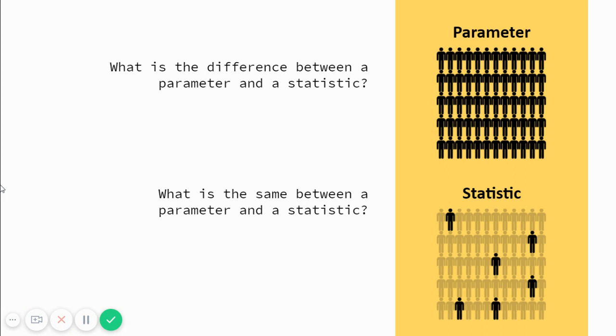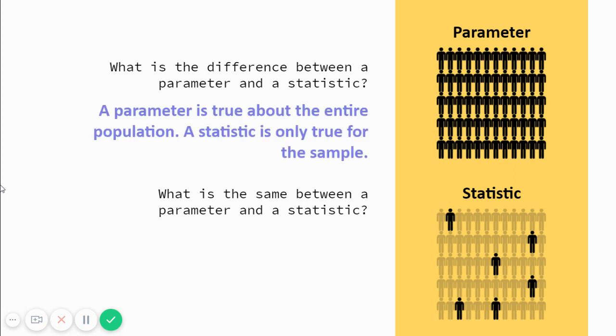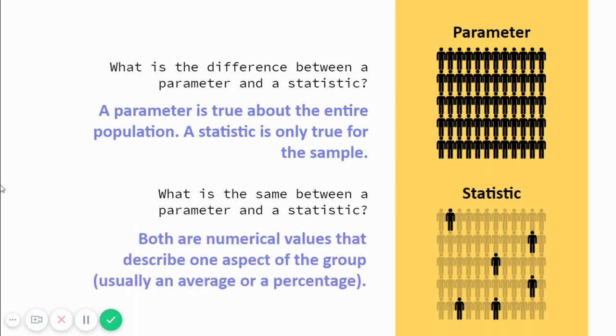The difference between a parameter and a statistic is that a parameter is true for the whole population, whereas a statistic is only true for that sample that you collected. What's the same? They're both usually numerical values that only describe one variable for your group.